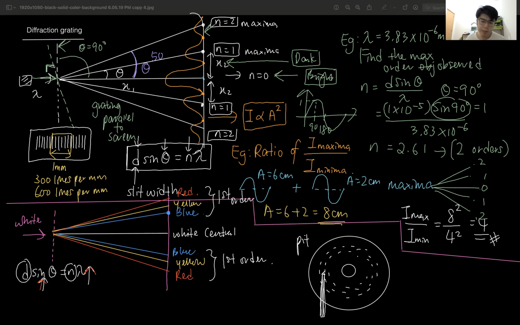And then what happens is that the laser will be reflected, and as it reflects, it diffracts at the same time. Because remember, diffraction not only goes through a slit, it can also happen when it hits an obstacle, right? So these are like the obstacles. When the laser hits it, it diffracts and reflects off the surface.